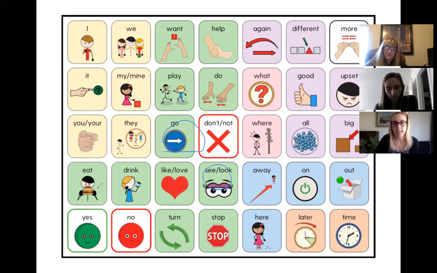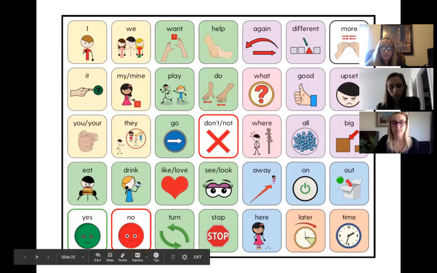So you're modeling these words as you're talking to your child, and then over time your child's gonna start learning these words and what they mean, and they're gonna be able to understand them, and they're gonna be able to use them. And like Jeanette was explaining, these are very versatile words, so you can use them in a variety of settings and a variety of situations. They're not limiting.